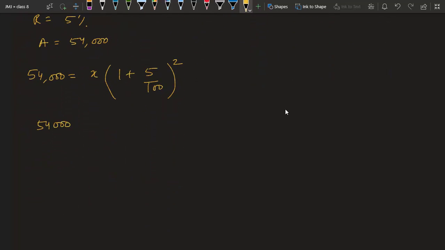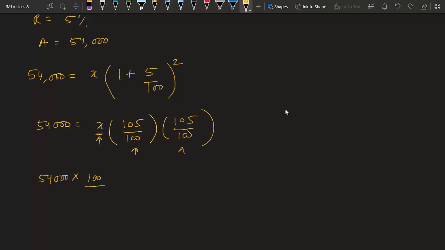It becomes 54,000 is equal to X into 105 upon 100 into 105 upon 100. Now we have to find the value of X, so we have to take these two to the left hand side. It becomes 54,000 into 100 upon 105 into 100 upon 105 is equal to X.